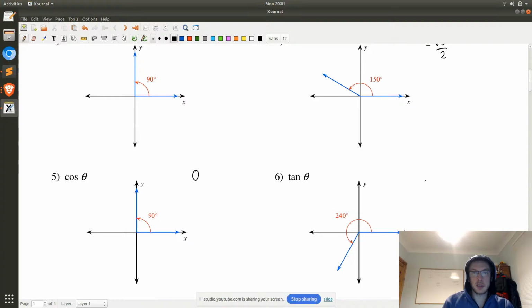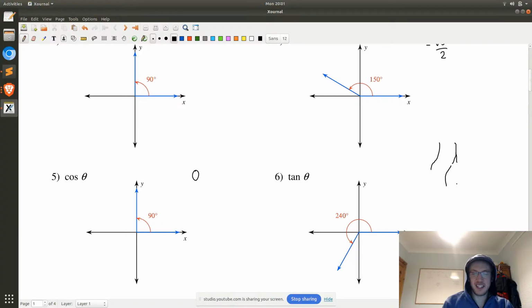And tangent of 200, I should do 6 at a time. Tangent of 240 degrees. Well, it's 0 at 0, and then shoots off to 90, and then wraps back around, comes up to 180, and 60 more.